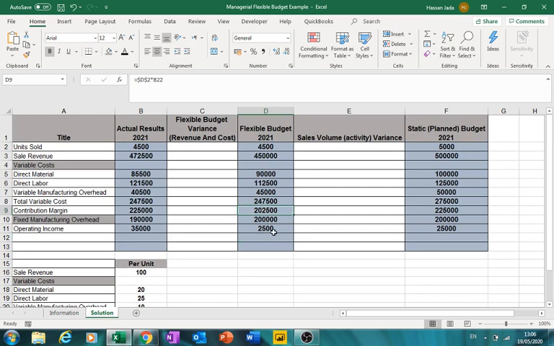Then we have here to compute the amounts that will be the variances between these two columns, between the static planned budget and the flexible budget.